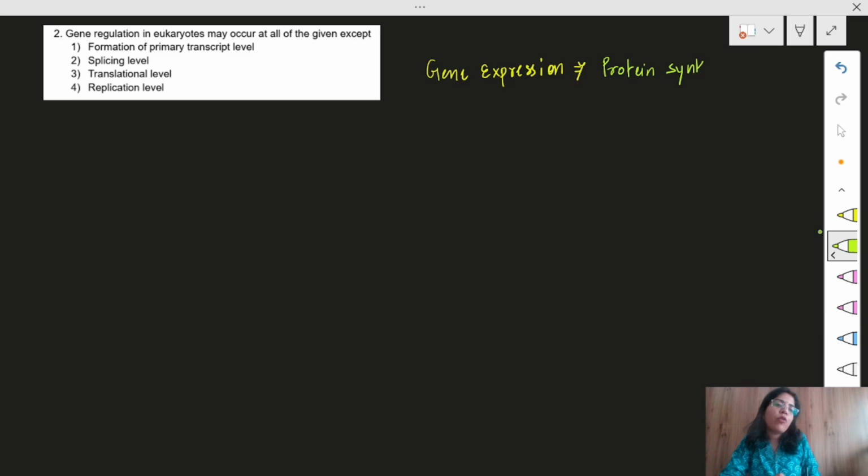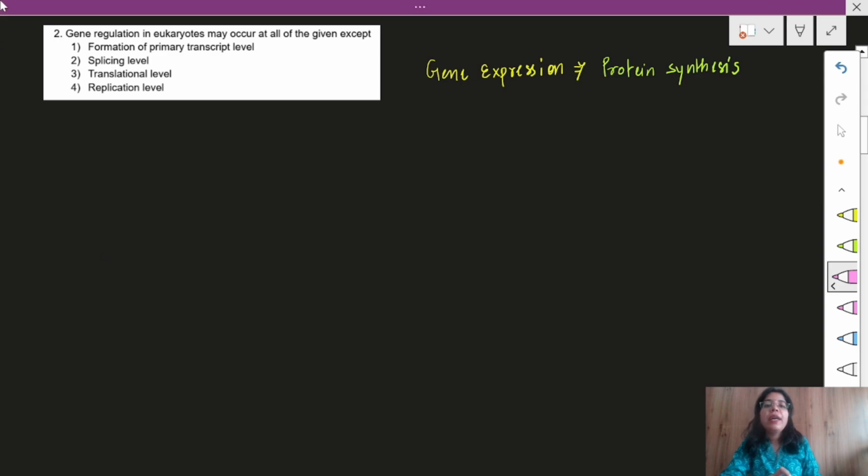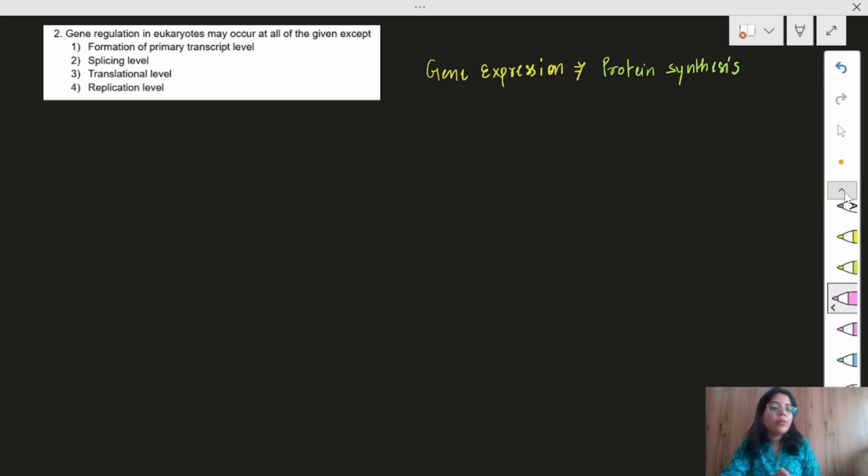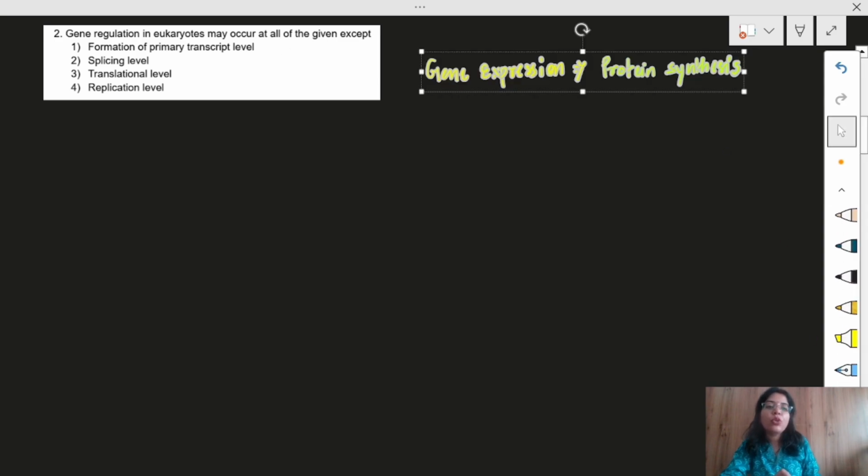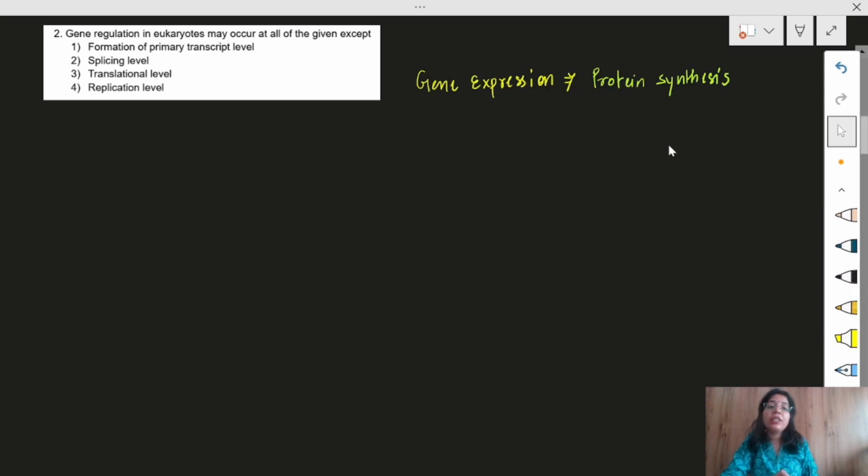Information which is present in the gene will become functional when you will be able to make protein from that information. And protein synthesis simply means that a gene is showing its expression. That will be done by protein. Gene alone cannot do anything. But do you require protein same amount at all the time? No. So you need to regulate this.